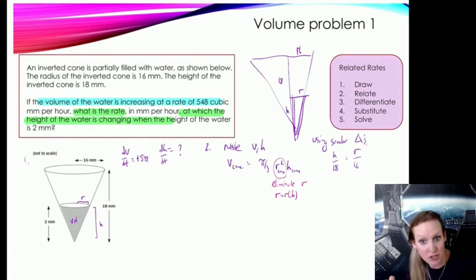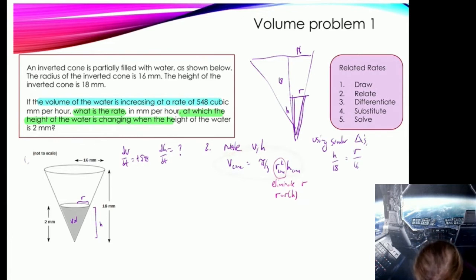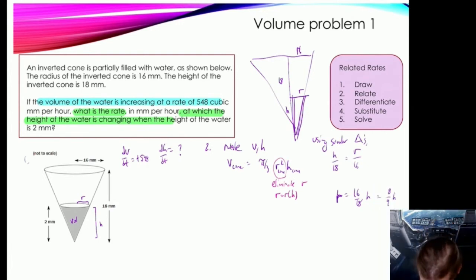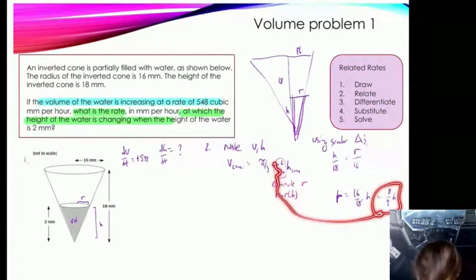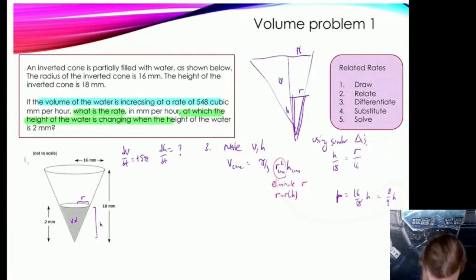And that's what I'm going to be able to use to replace R with an expression of H in my relationship right here. So then I get that, nope, I want to solve for R. I get that R is equal to 16 over 18 times H, which is equal to 8/9 of H. And that is going to go in place of my R inside that expression.